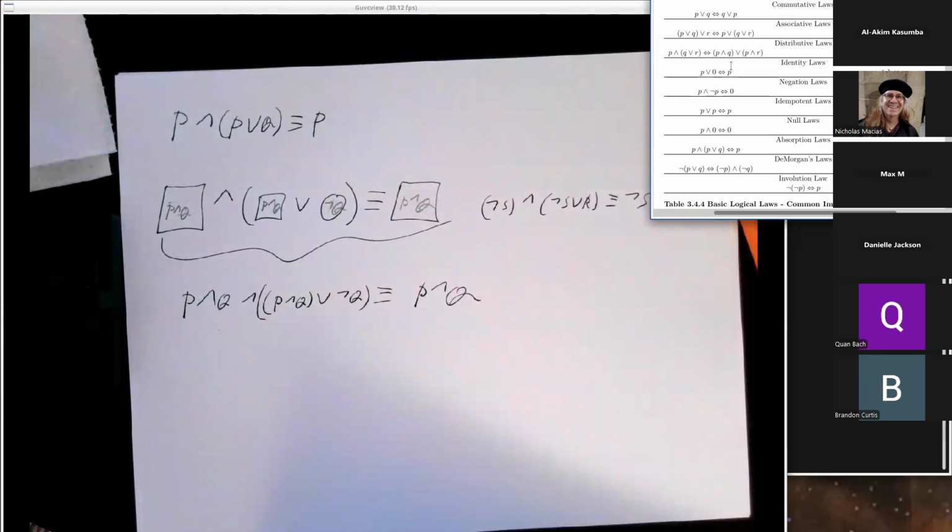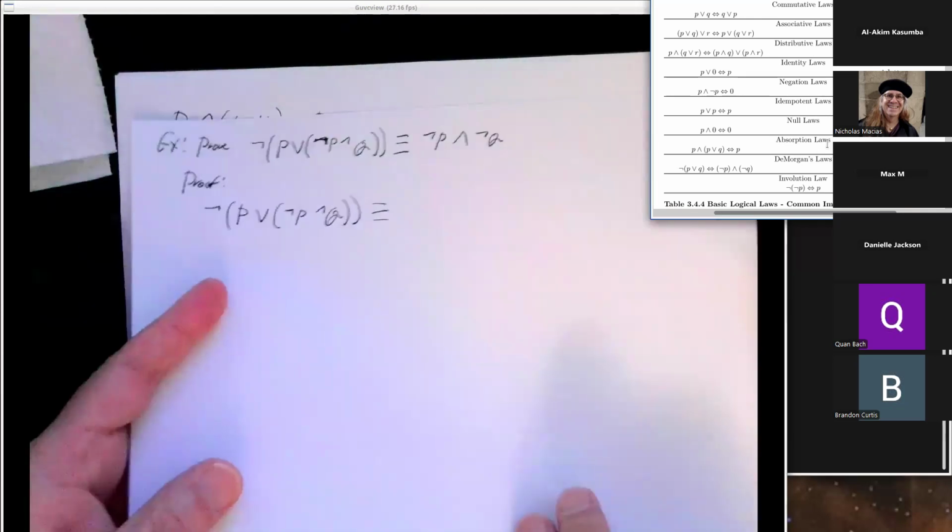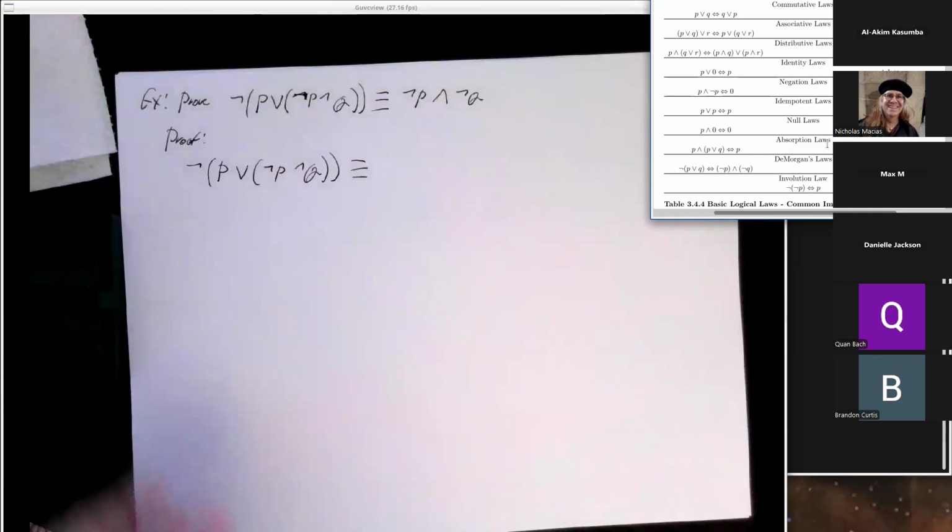So when you're working with these identities, these laws of logic, you don't have to have a P and a not P to apply this negation law. It could be (A or B or C) and not (A or B or C), and that's going to be equivalent to 0 or false.